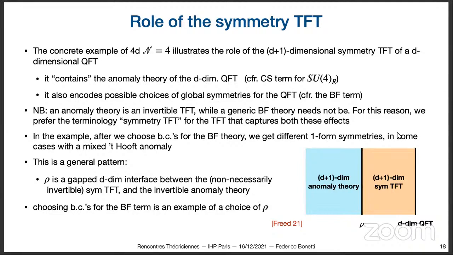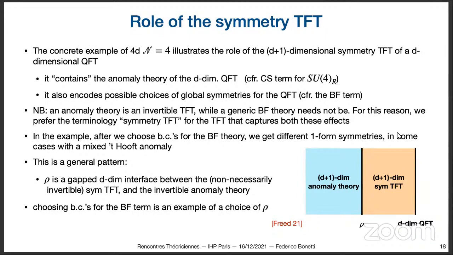It's a TFT whose, well, I'm not an expert in category theory, but roughly speaking, whenever a TFT associates different objects depending on the codimension, the idea is that all of them should be invertible in the appropriate sense.